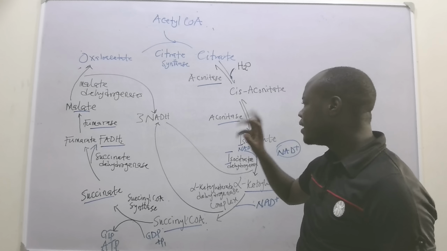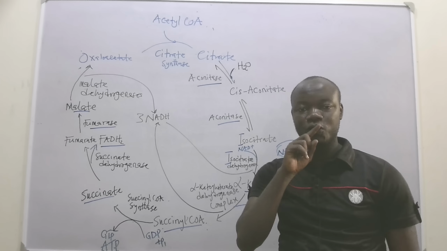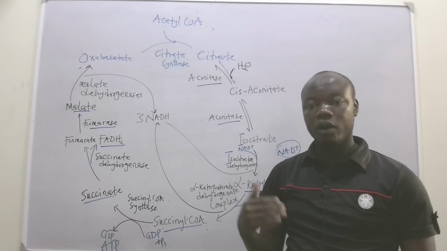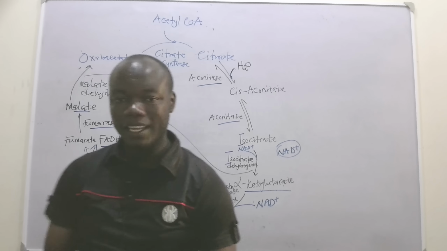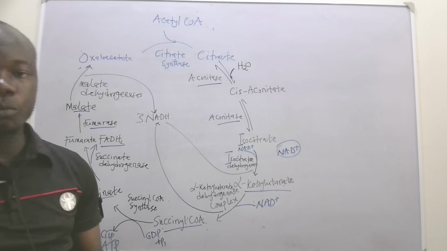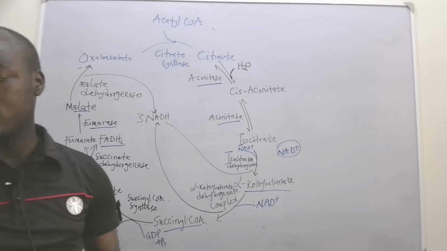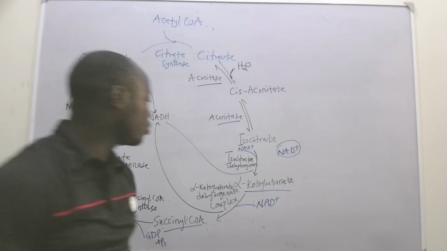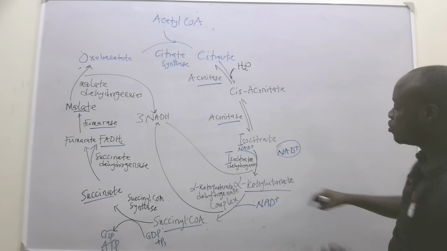So now, ladies and gentlemen, very importantly, we say that CO2 is also generated during the cycle. At what steps are these molecules of CO2 generated? The first one is the conversion of isocitrate to alpha-ketoglutarate.